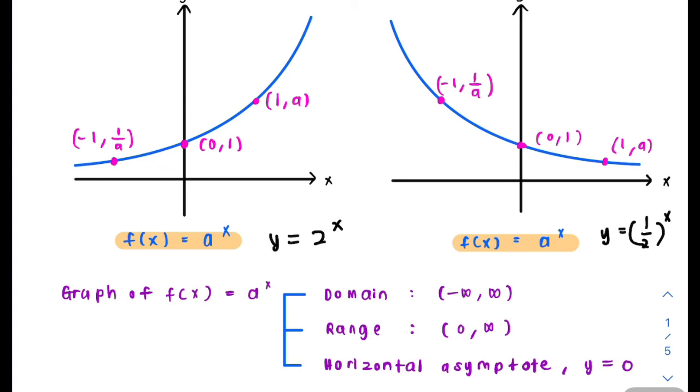So you will have a horizontal asymptote, which is your x-axis here, meaning that we call this the line y equal to 0. This is the line of y equal to 0, the x-axis. So your graph here will never touch or cross the x-axis. So you will have these properties on the graph of exponential function.